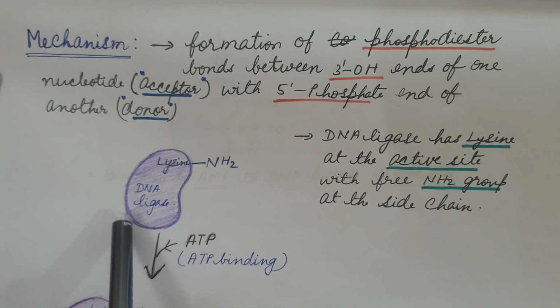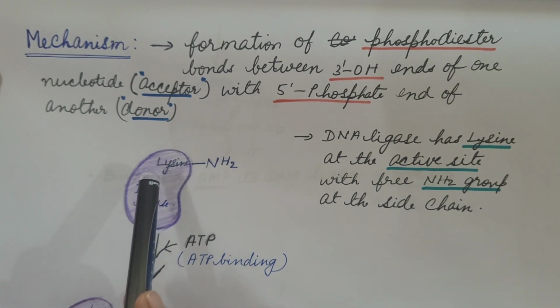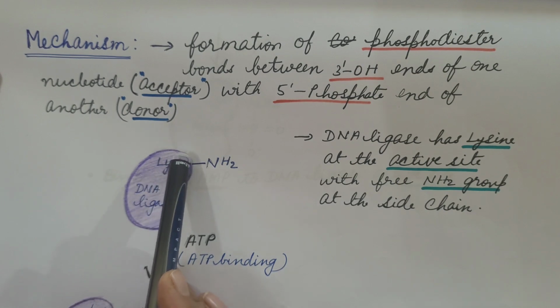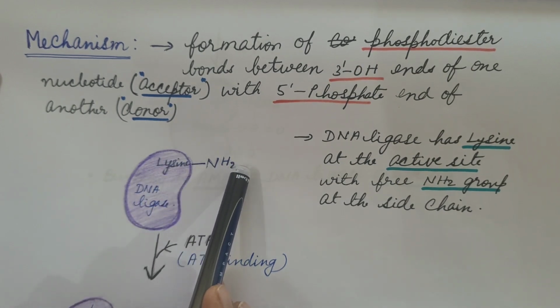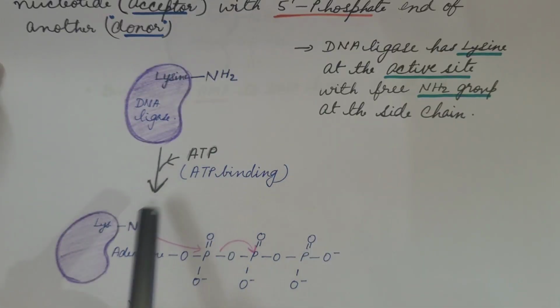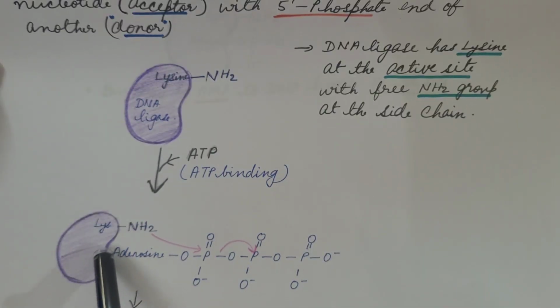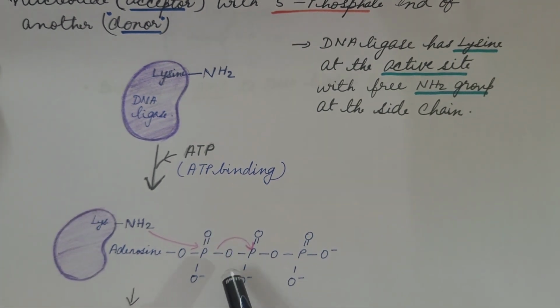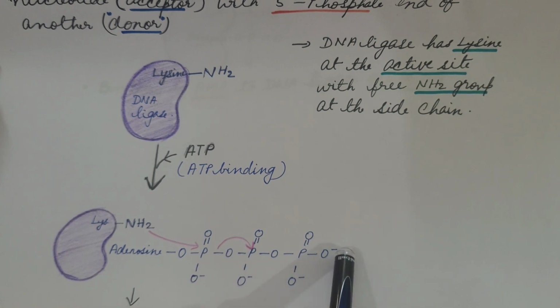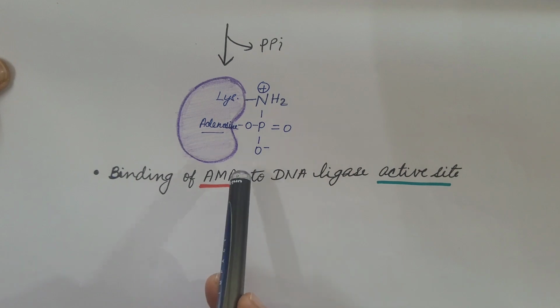So this is the DNA ligase enzyme and it has a lysine at the active site with a free NH2 group at the side chain. Then binding of ATP, adenosine triphosphate, takes place to the ligase enzyme. This bond breaks and then pyrophosphate or inorganic phosphate is released or removed.